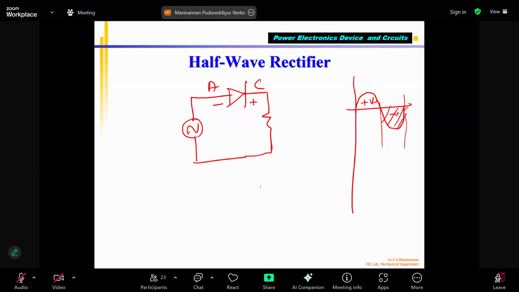You need to select. We know that when I showed the VI characteristics of a diode, I think Monday or last week, it was something like this, going like this, right? This is nothing but 0.7 volts. This is going to be ID, which is nothing but IL. This is called the forward bias region, FBR. This is called the reverse bias region, correct?